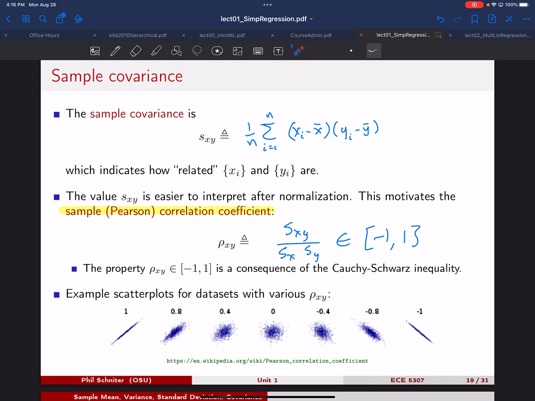And now we get this normalized correlation coefficient, which is always going to be between 1 and -1. Knowing that coefficient right away, we know something about how correlated x and y are, independent of their scaling. So that's convenient. And we had some pictures here of what it means to be positively correlated, negatively correlated, and uncorrelated. But we'll see some more examples today. The data doesn't always look like this.